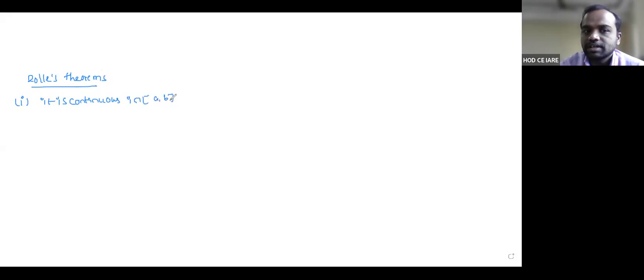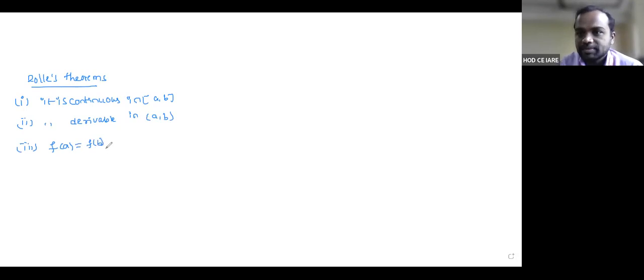The second condition is that it is derivable in the open interval a comma b. And the third condition is that f of a is equal to f of b. These conditions must be satisfied.